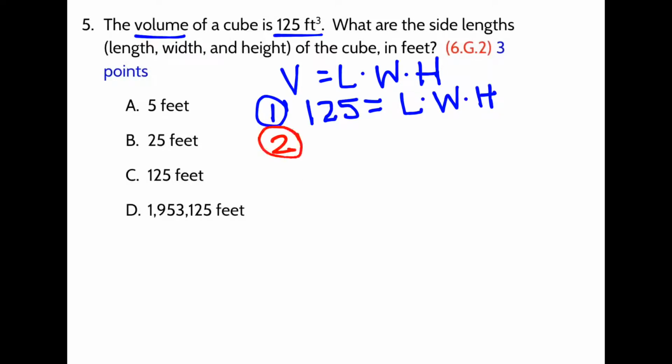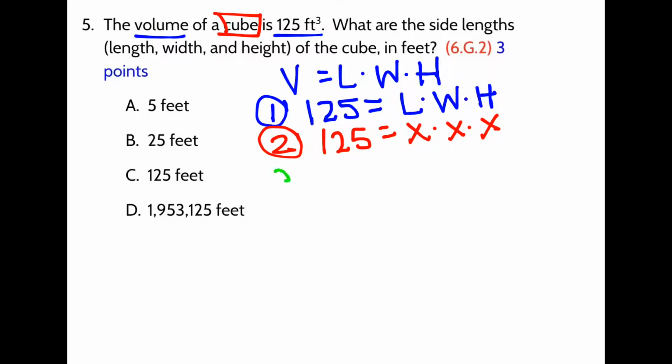Step 2 is to recognize that this is a cube, and our 125 is going to equal all the same. So we can make these all X, that our length, our width, and our height are all going to be the same measure.